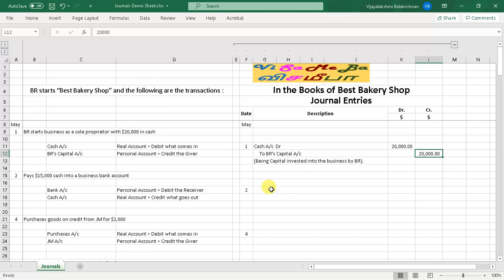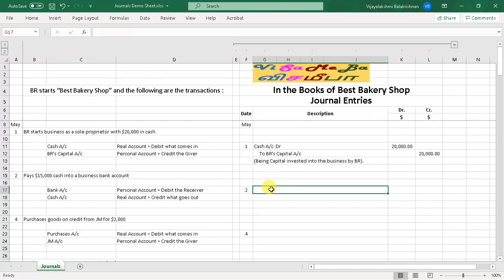In the same way, the next one is pays 15,000 cash into the business bank account. So in this transaction, the two accounts involved are bank and cash.